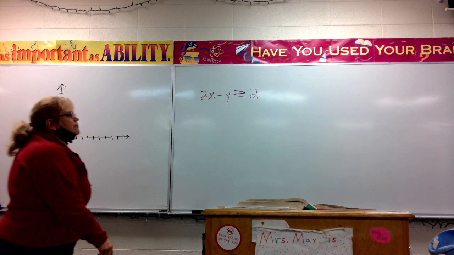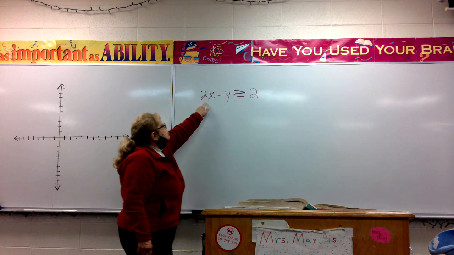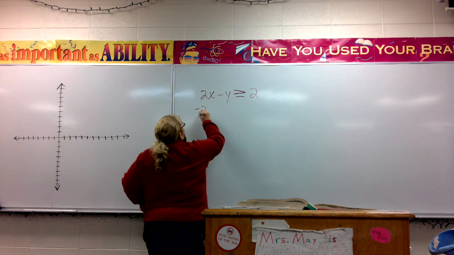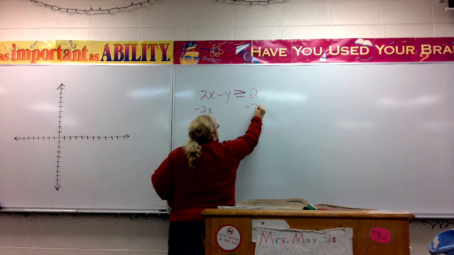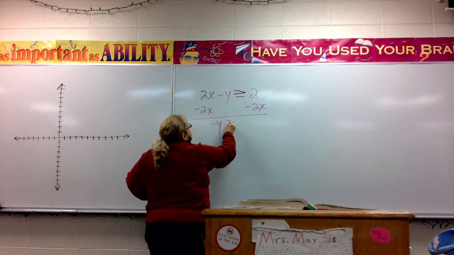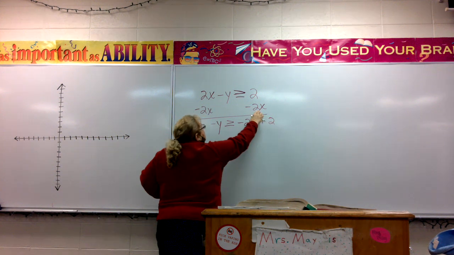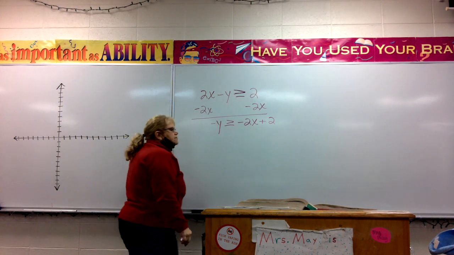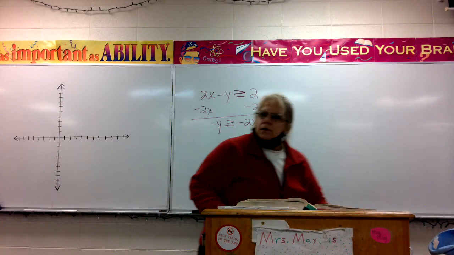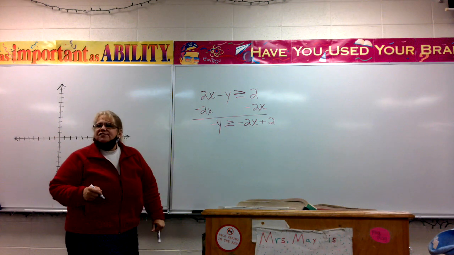So we have to get y by itself first, right? What do you have to do to get y by itself? Get rid of the 2x, right? And so I have minus y. I'll put the x first, it doesn't really matter. The negative 2x and then the positive 2. And then what will I do? Yeah, I don't want negative y, I want positive y.